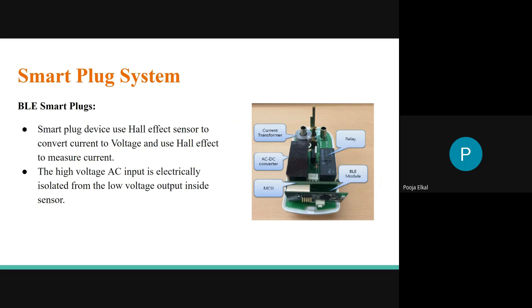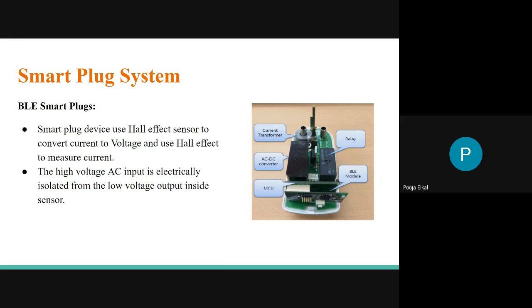It consists of four main components: a Hall effect sensor, an AC/DC power supply, a microcontroller with radio, and a relay. The Hall effect sensor is used to convert current to voltage, and it uses the Hall effect to measure current, which can be either non-contacting or inline. The high voltage AC input is electrically isolated from the low voltage output inside the inline Hall effect sensor.